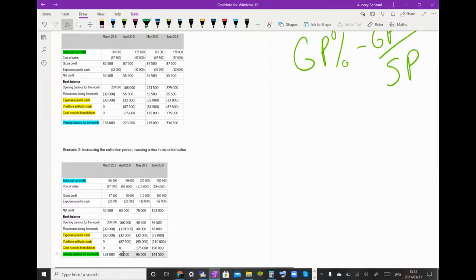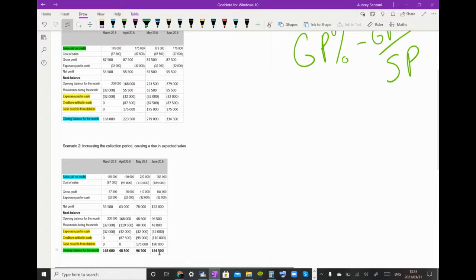And so what happens is that we look and we say, are we profitable? Is our closing balance positive or negative? So here, if you look, our closing balances are bigger when we have a 30-day collection period for our debtors, and here you can see it's smaller.